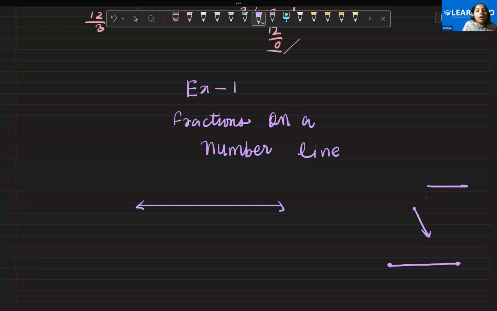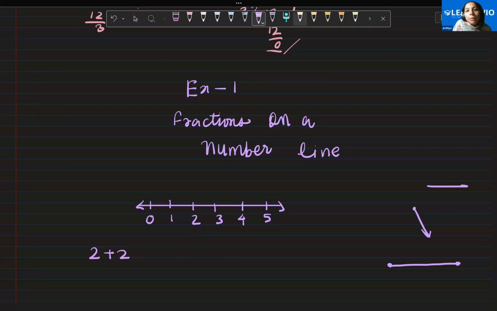No, no. On a number line, what we do is we represent numbers. It starts with 0, and on this we can have 1, as many numbers as we want. So I'm writing till 5. If I ask you, can you tell me what is 2 plus 2 on a number line?